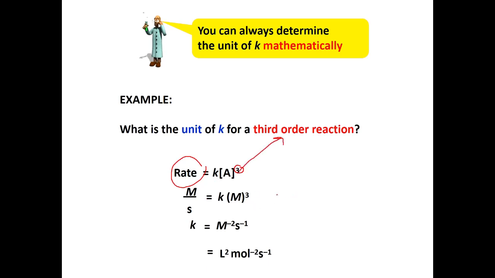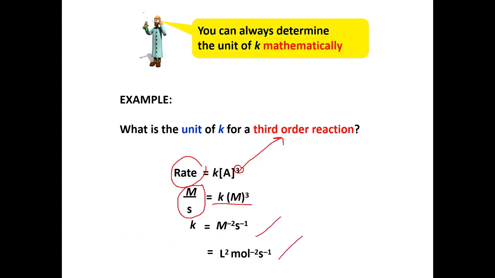We know the unit of the rate is M over S, and the unit of the concentration of A is molar, to the power of 3. Then you can do the arrangement to get K. So the K is M negative 2 S negative 1.